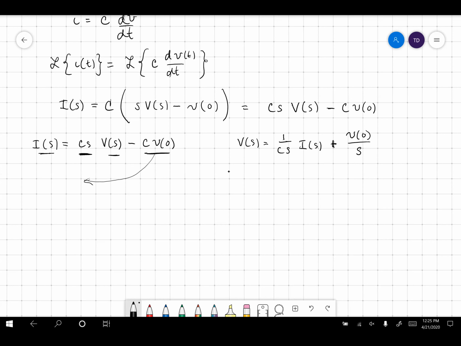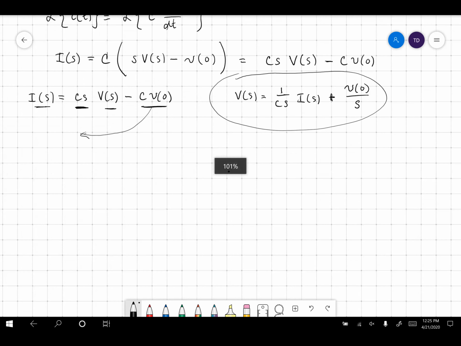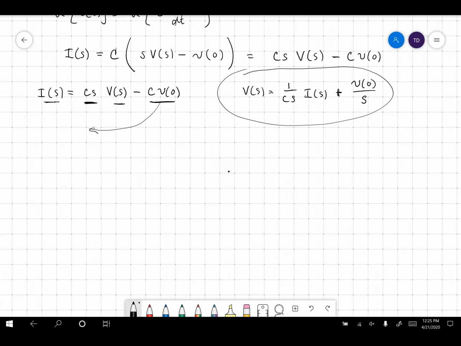Okay, so we'll start with this one. We'll try to draw the model. This is in terms of voltages. So voltage, voltage, voltage, voltage. I sum two voltages and they're equal to a voltage. Well, let's see.